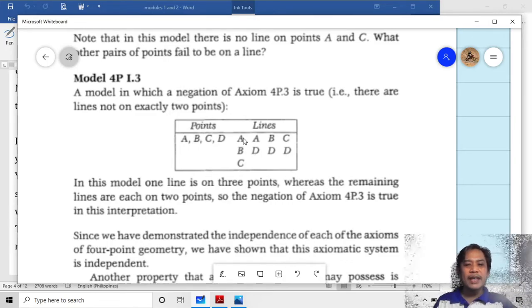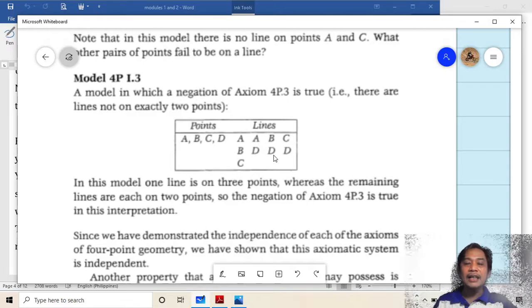AB is contained in ABC, AC is also contained in ABC, AD is contained in AD, BC is contained in ABC, BD is contained in the line BD, and lastly, CD is contained in the line CD, meaning each pair is contained in exactly one line. Therefore, axiom 4P.2 is true.